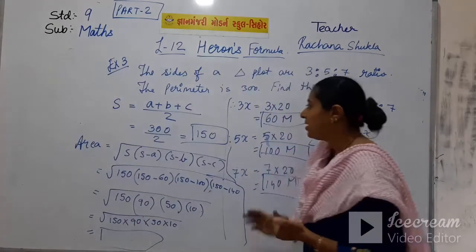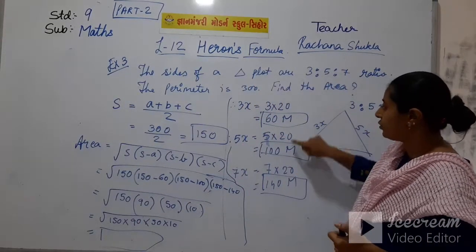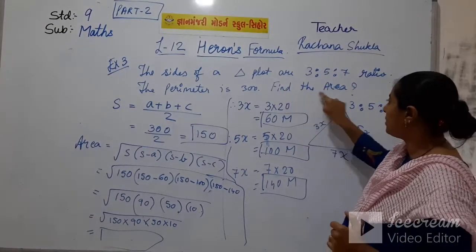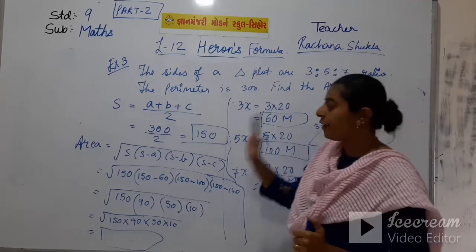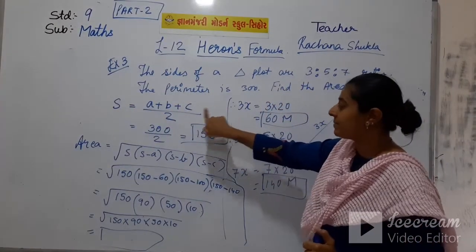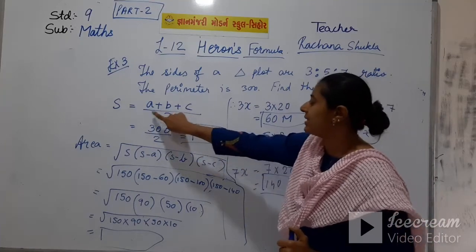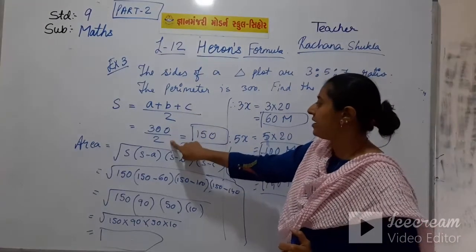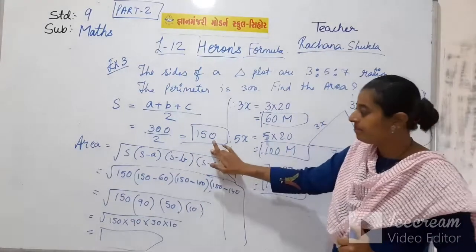Okay students, once again, first you found the sides of the triangle. Then we have to find the area of the triangle. For finding the area, first we need S. S is a plus b plus c upon 2, that is 300 upon 2, which is 150.